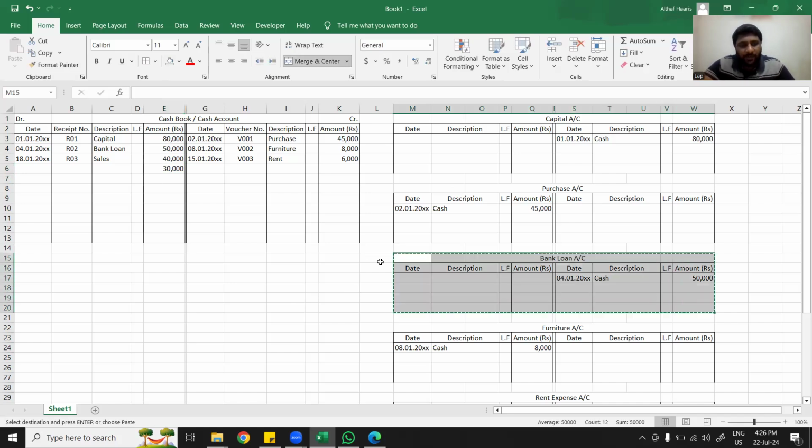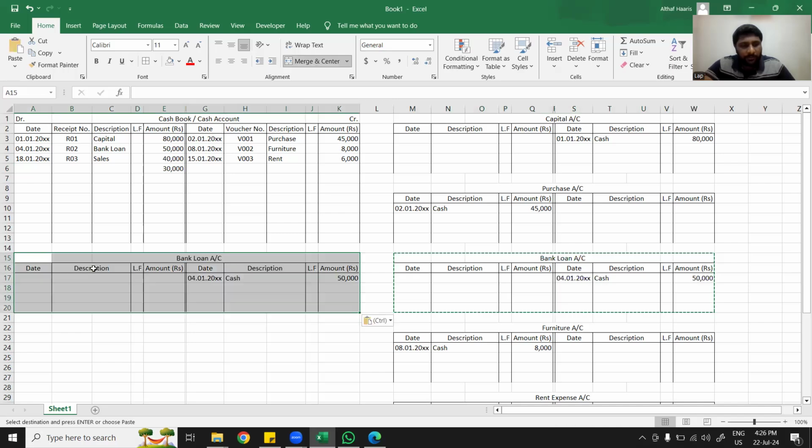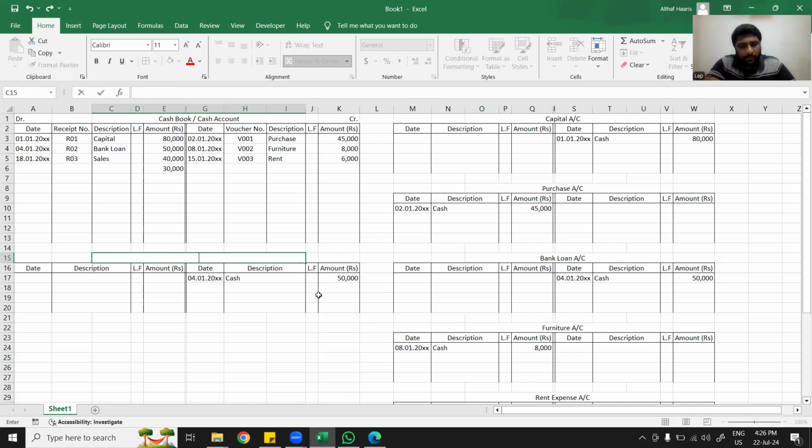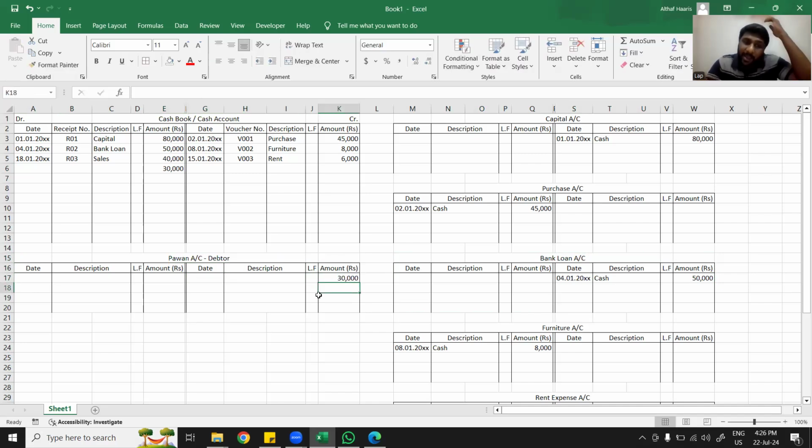And you received it from Pawan. So Pawan is a debtor. Pawan's account credit, 30,000, because debtor balance is decreasing. Debtor balance means debtor asset decreases, credit.